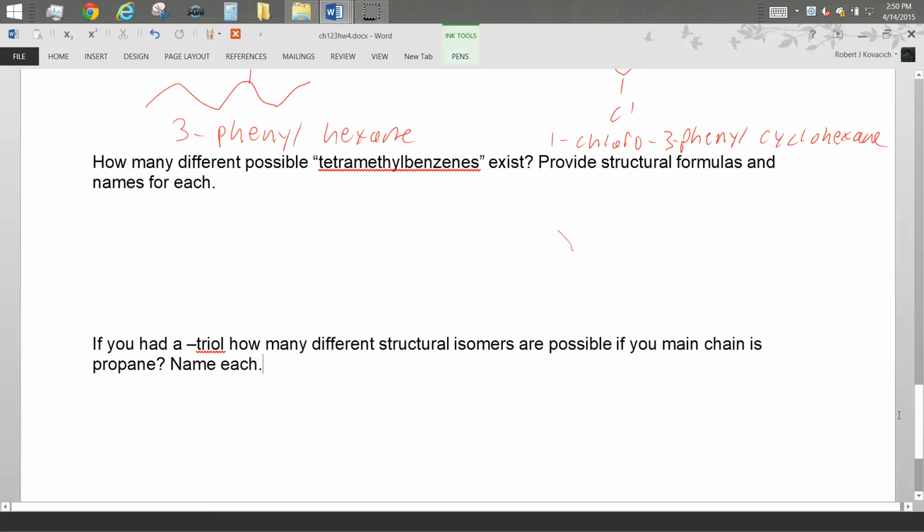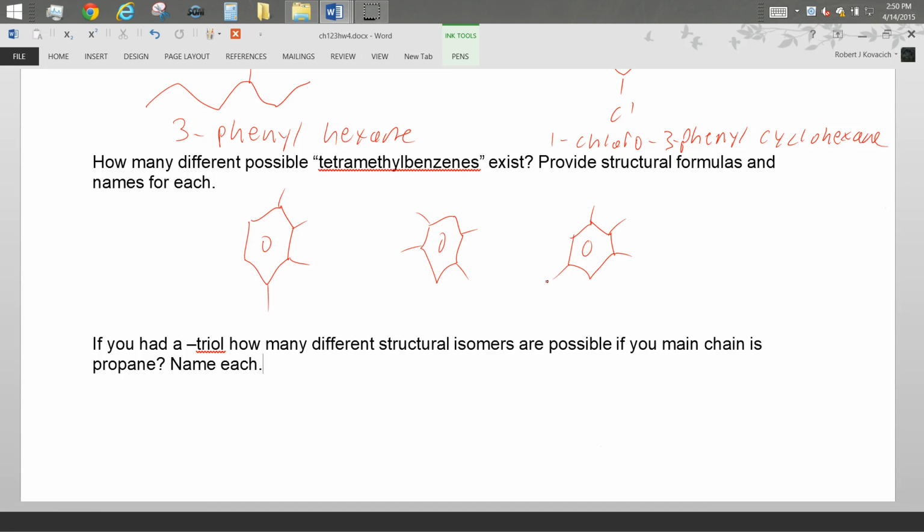How many different possible tetramethylbenzenes could you have? All right, so got a benzene ring. 1, 2, 3, 4. Got a benzene ring. 1, 2, 3, 4. 1, 2, 3, 4. Is that it? Yeah, I think that's it.